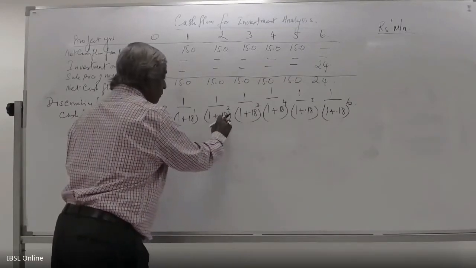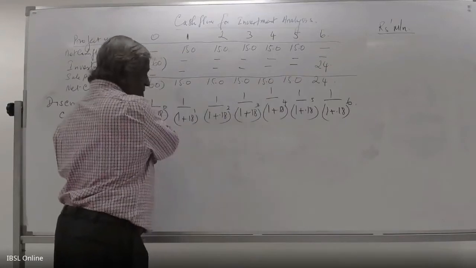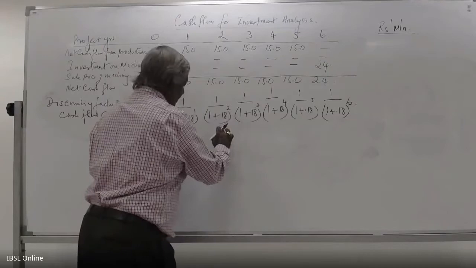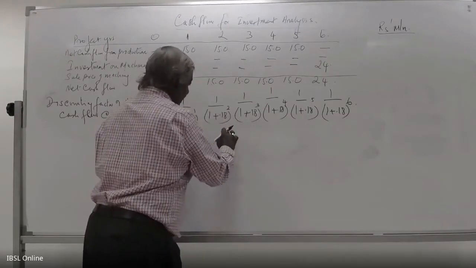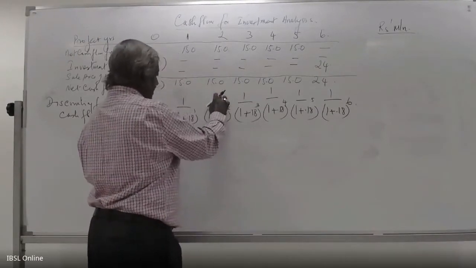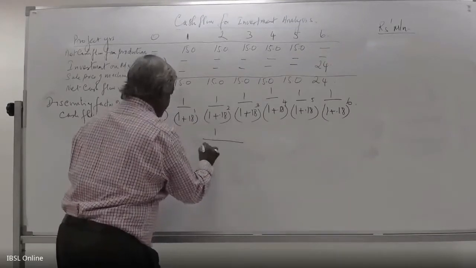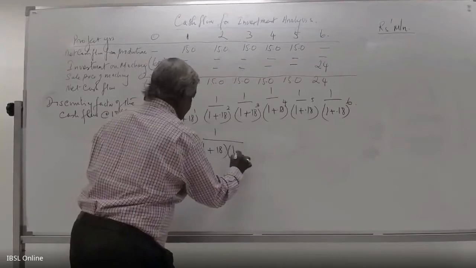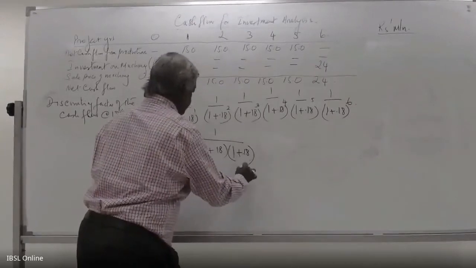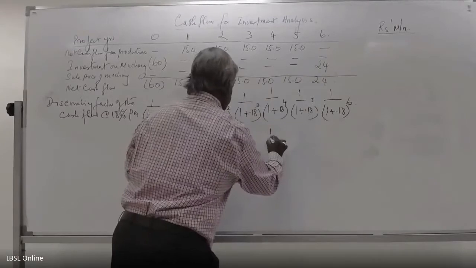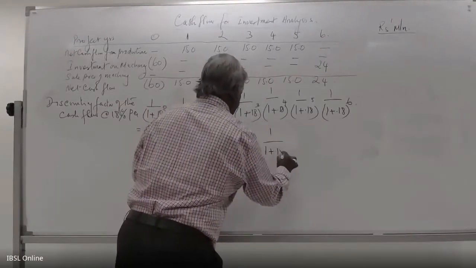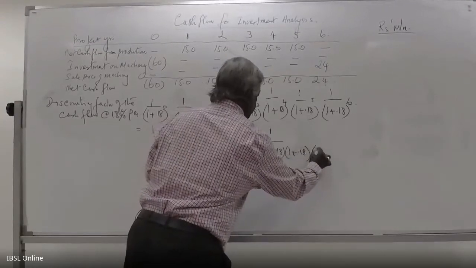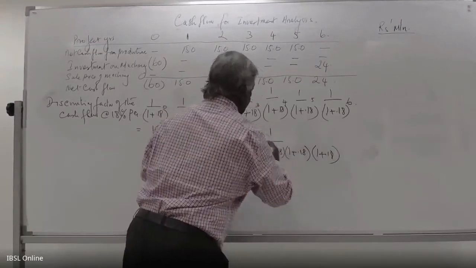Why? Because 1 plus 0.18 to the power 2 means 1 plus 0.18 into 1 plus 0.18. It goes on like that.